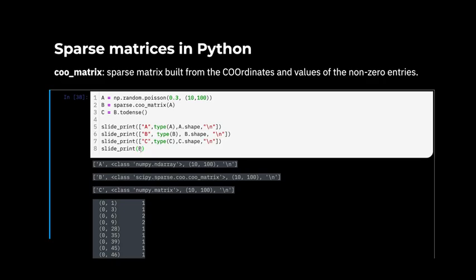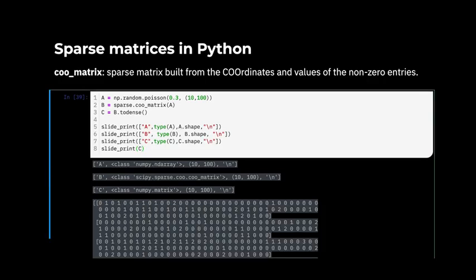And then, of course, we can cast it back into a new dense matrix, matrix C, and take a look at it. And sure enough, there it is, the dense matrix with all of the zeros and ones.